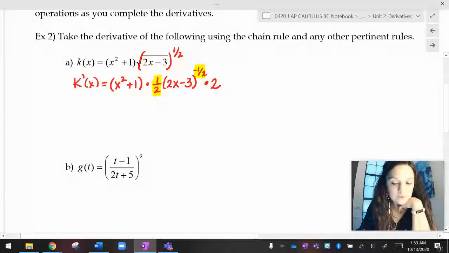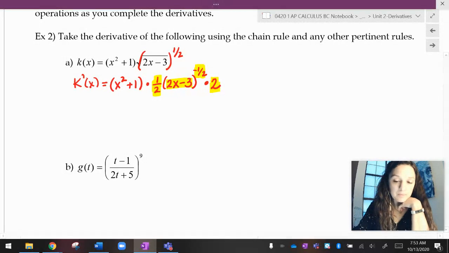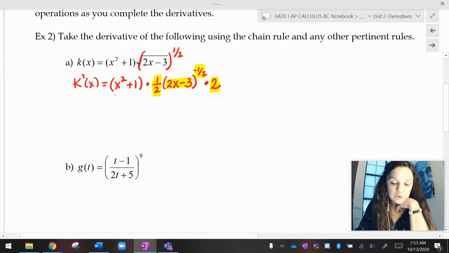Derivative of the outside, keep the inside, times the derivative of the inside. So now I have the first times the derivative of the second plus the second times the derivative of the first.